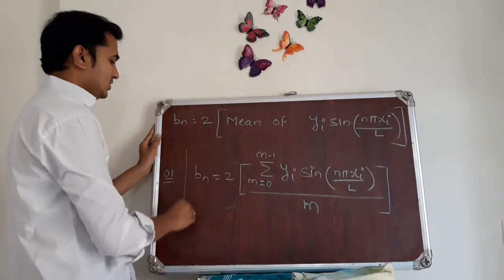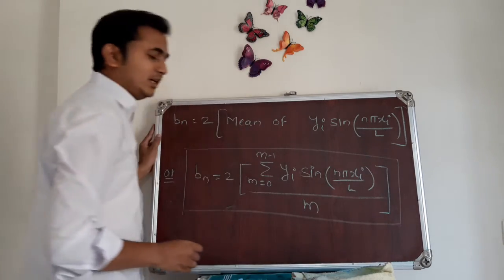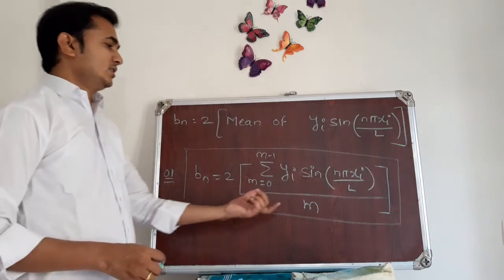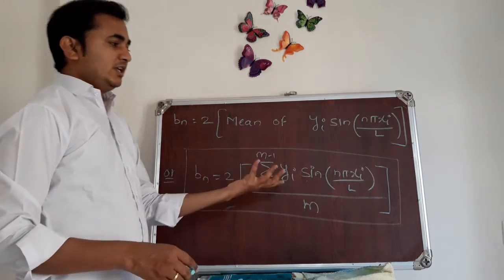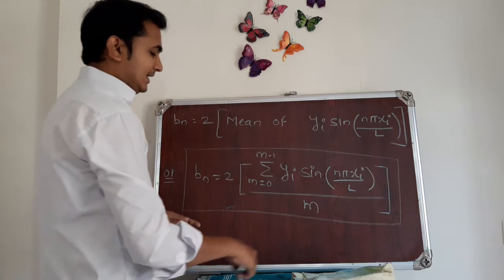Alright, so this is the third formula which I have defined in general for L. Okay, so next let us define it for a particular value of L.